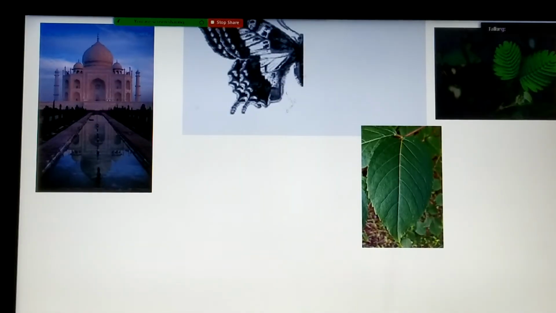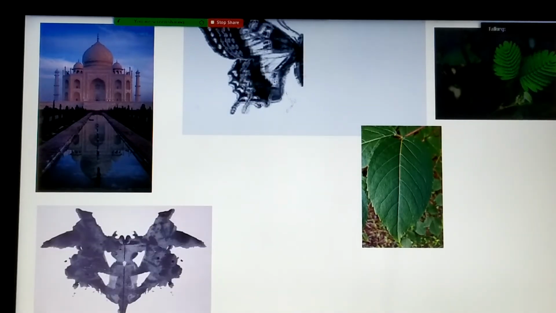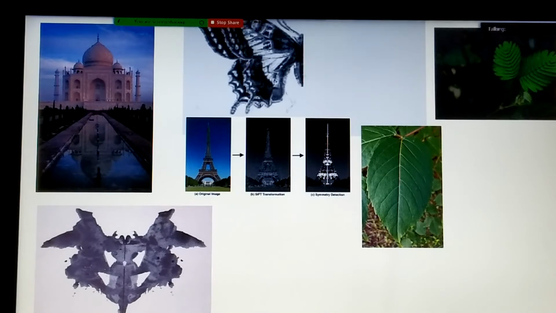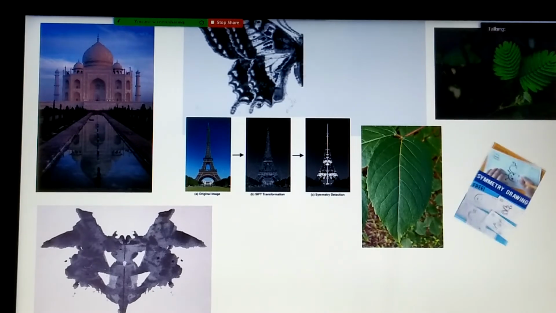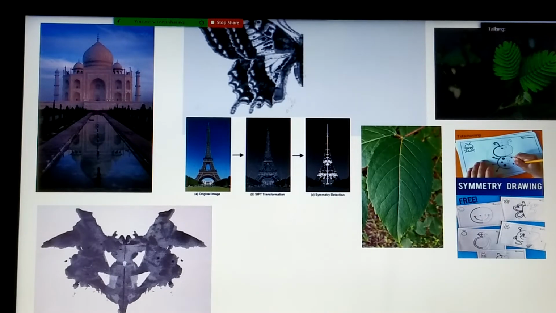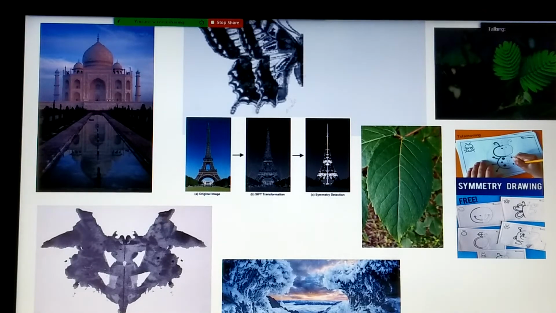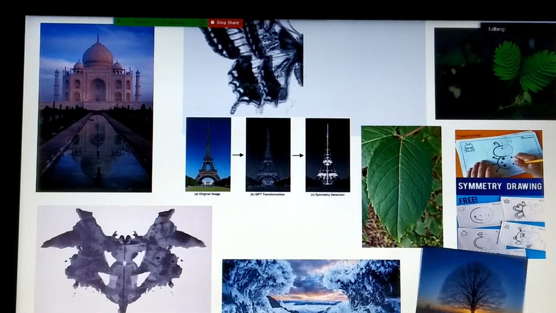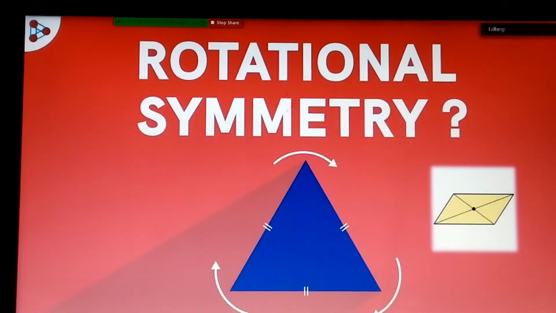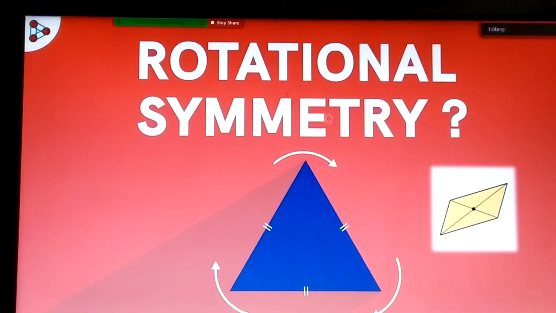In day-to-day life, we can see more symmetry images. Here, you can draw symmetry. You can get the symmetric axis. Okay, with our nature you can find many things. Okay, now this is our new concept.